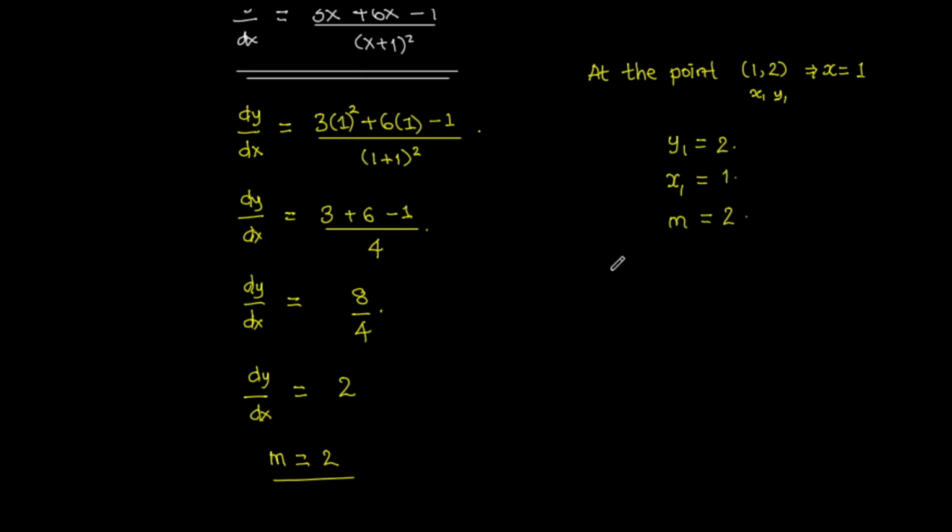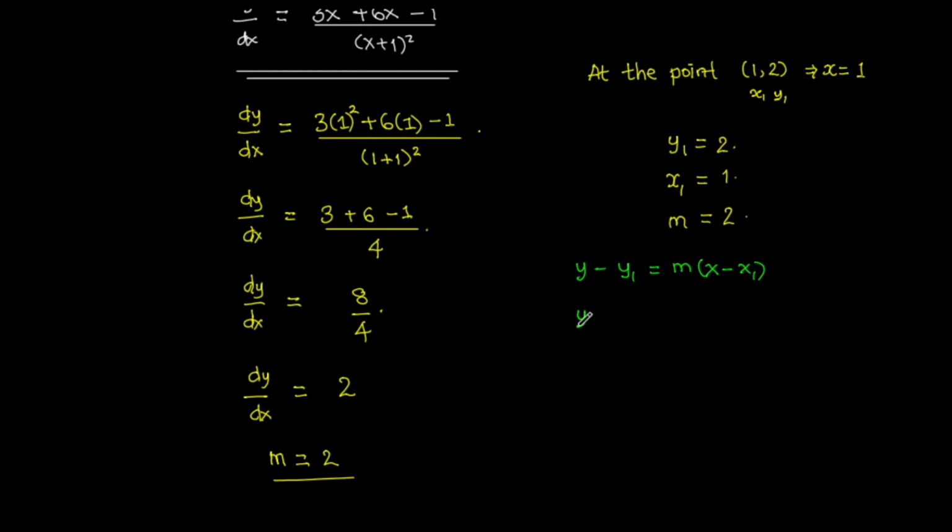So we can substitute this into a formula, and this formula is y minus y1 equals m times x minus x1, where x1 and y1 are the coordinates from this point that is linking the tangent and the curve together, meanwhile m is our gradient.